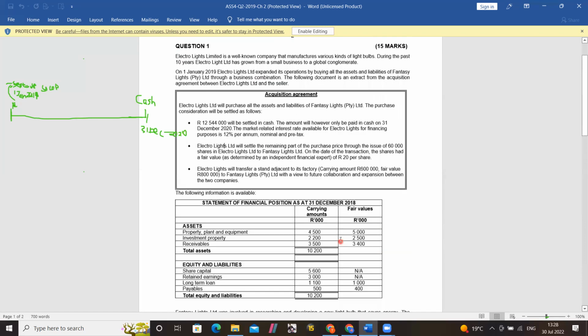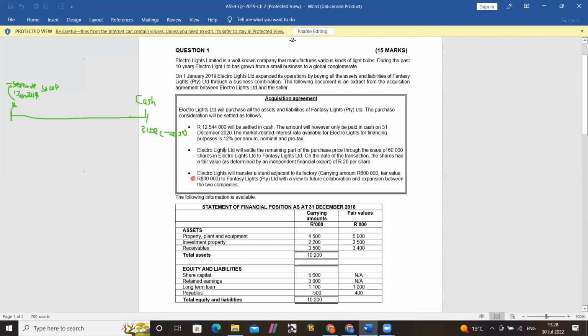And then the last one is they tell us that Electrolytes will transfer this factory. Now, in their separate financial statements, it is at carrying amount. So far in their SFP, they have this carrying amount of 600,000, right? Now, we said the consideration must always be at fair value, right?